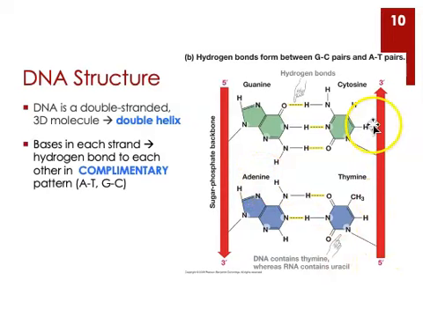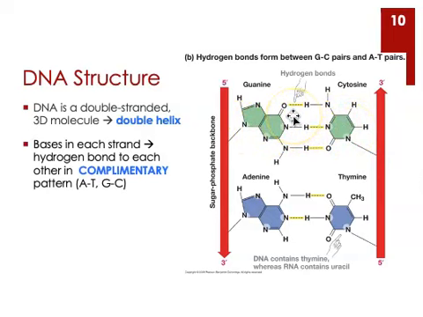On the other strand, I can see a base labeled cytosine, and I can see a base labeled thymine. The other thing I can see is that on this strand, the guanine is hydrogen bonding with the cytosine on this strand. I can see base pairing going on.